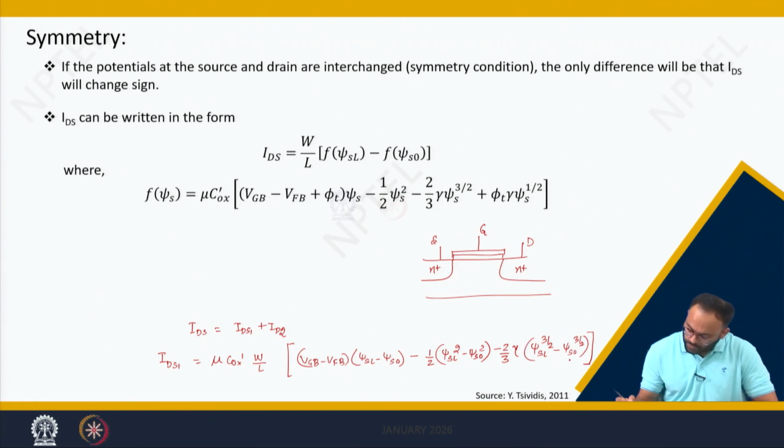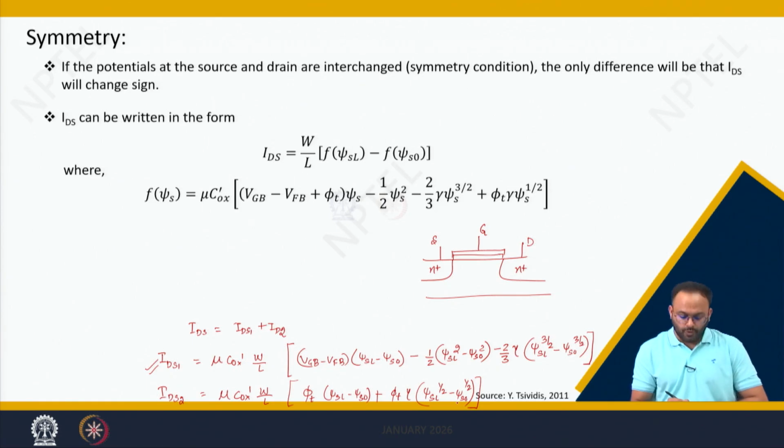So this was the component IDS1, and another component was IDS2, which is nothing but mu into COX dash W divided by L into phi t psi SL minus psi S0 plus phi t gamma psi SL to the power 1 by 2 minus psi S0 to the power 1 by 2.